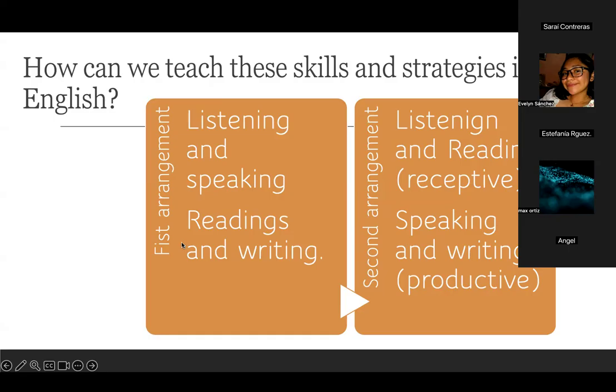You see, that's how you are going to consider receptive skills: when the means of communication is something that you can listen to or something that you can read, that's the approach of receptive skills.